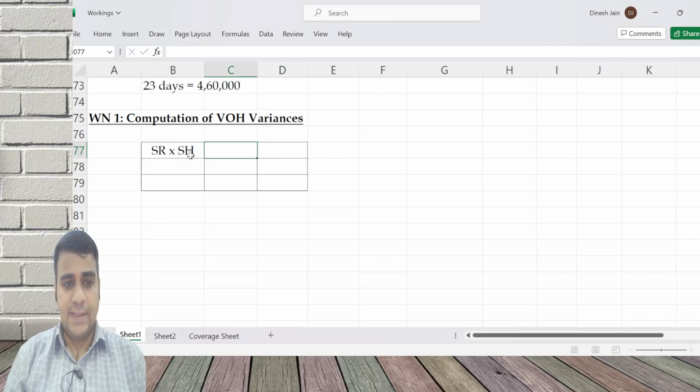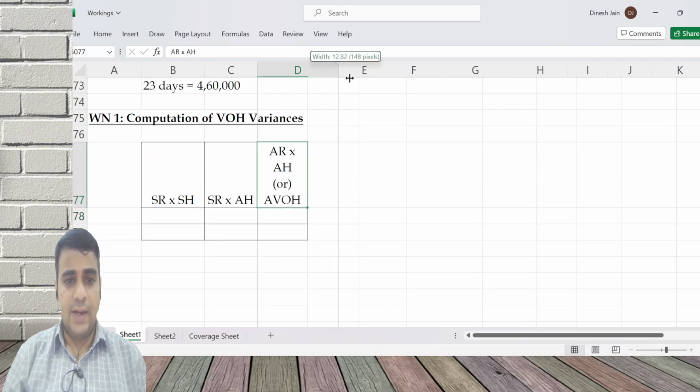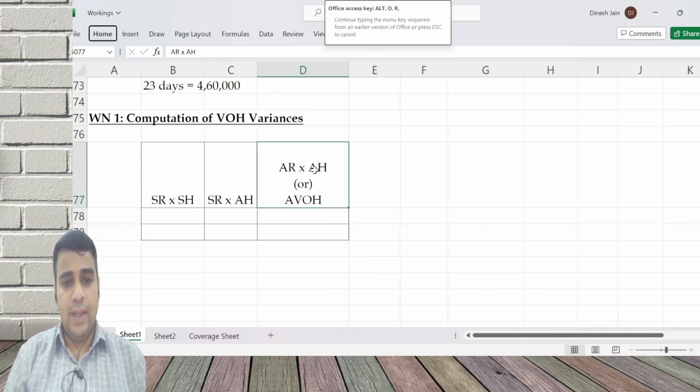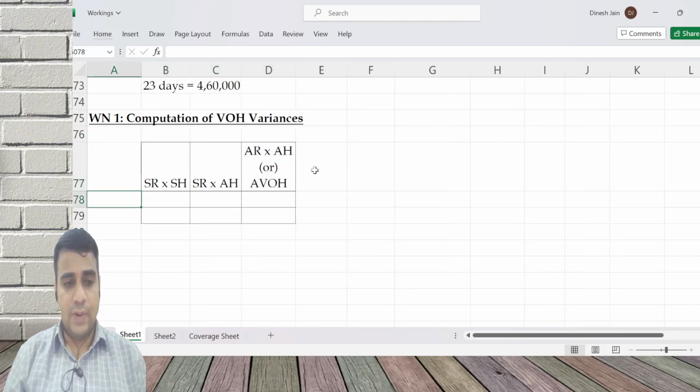SR into SH, SR into AH, AR into AH. Technically, AR into AH is the actual variable overhead.